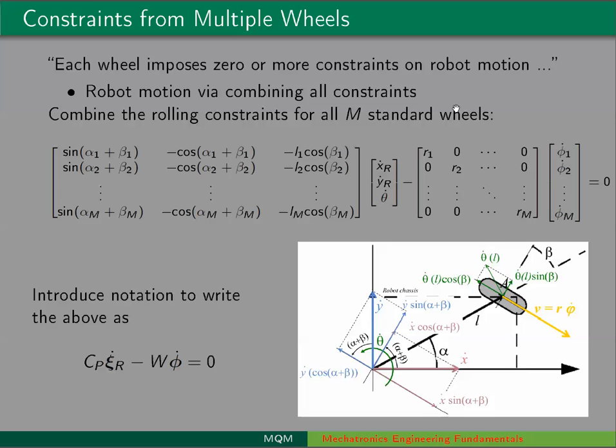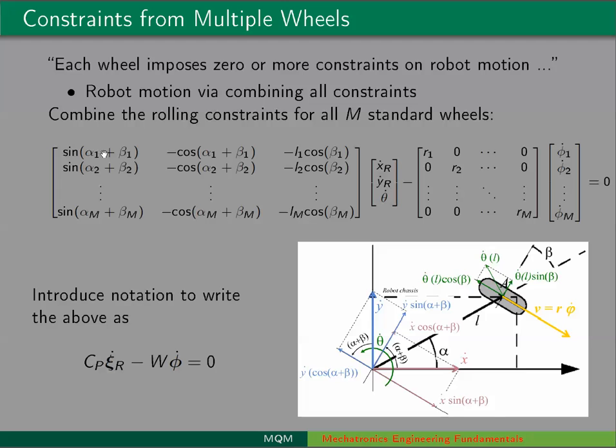Say we have M standard wheels here, and we want to figure out what the constraints are on the robot chassis from all those wheels. We can just combine them all like this. So we have the rolling constraint equation for each wheel, and each wheel gets a row in these matrices.